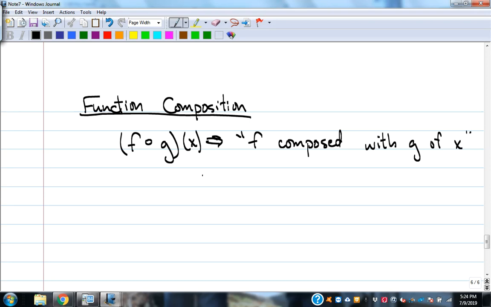The math f composed with g of x means take the g of x function and put it into x in the f of x function. Whatever equation or function is listed second goes into the first.